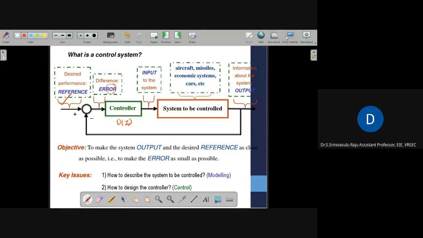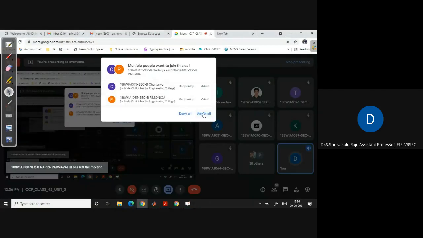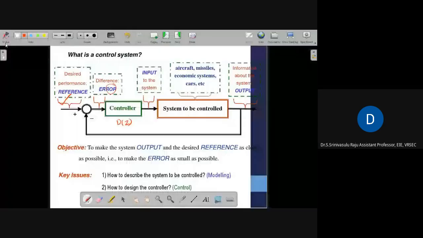The process may be anything: aircraft, missiles, process industries, manufacturing industries, automobile. The output is nothing but the information carried from the process. It should track the reference input.